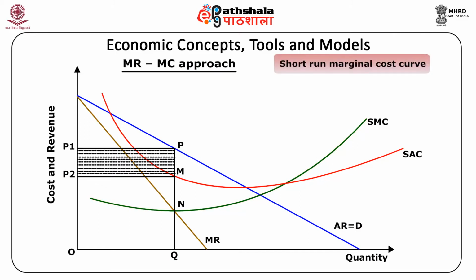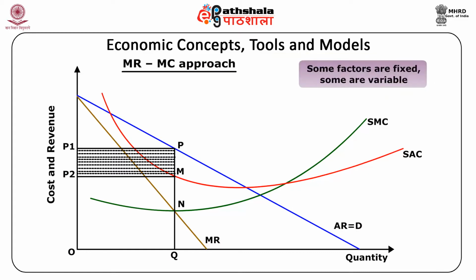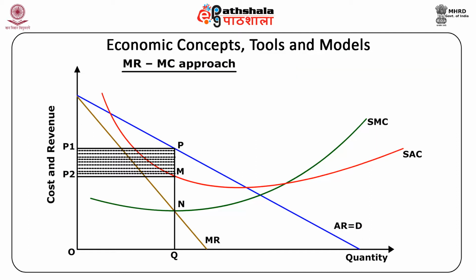SMC is the short-run marginal cost of the firm, which is U-shaped because in the short run some factors are fixed and some are variable, and when we increase the production, the cost initially reduces because of the economies of scale, but after reaching a minimum point of cost, when the production is increased, the cost also increases due to diseconomies of scale. Hence, SMC is U-shaped.